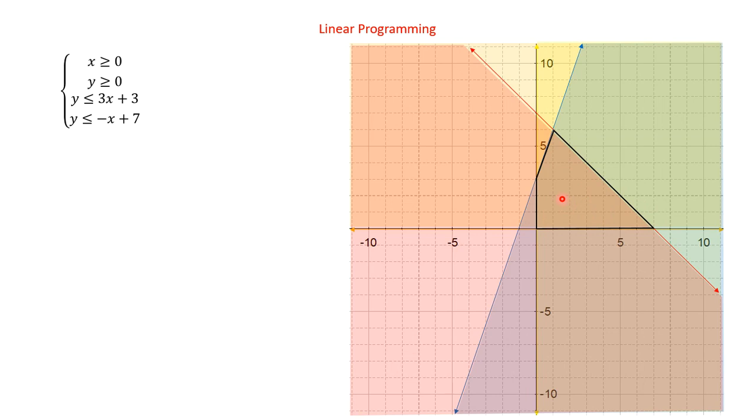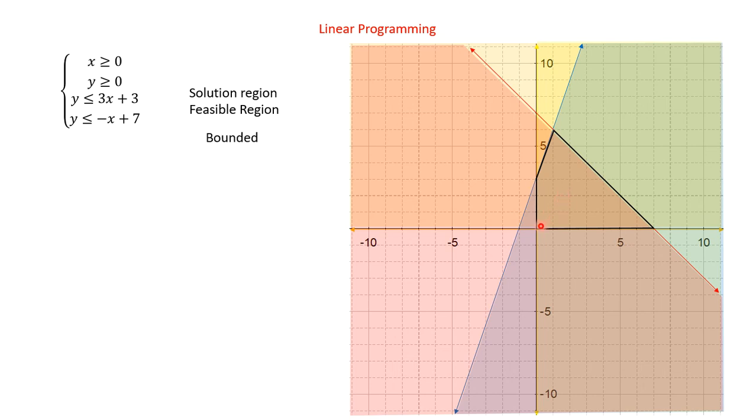And last time, we called this the solution region, because this is where all the solutions are. For linear programming, it's the exact same thing. We call it the feasible region, because this is where the solutions would be feasible. It's our possibilities.